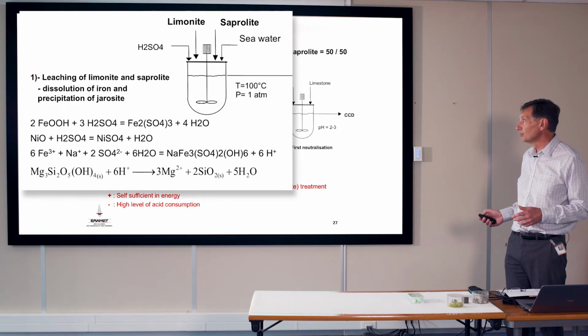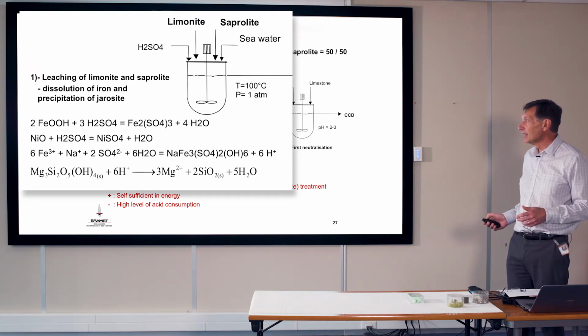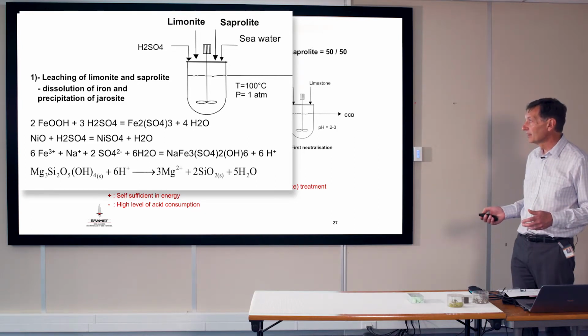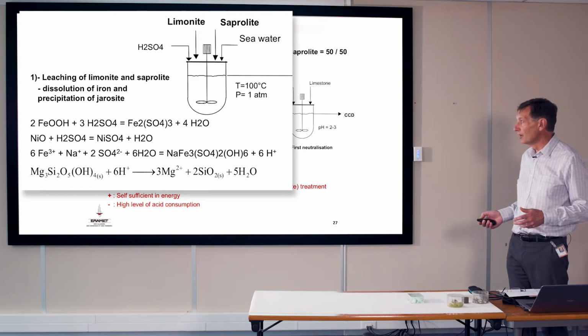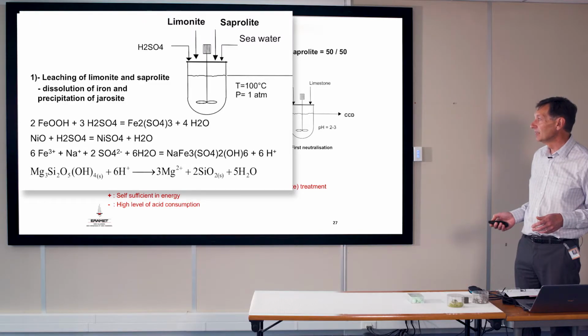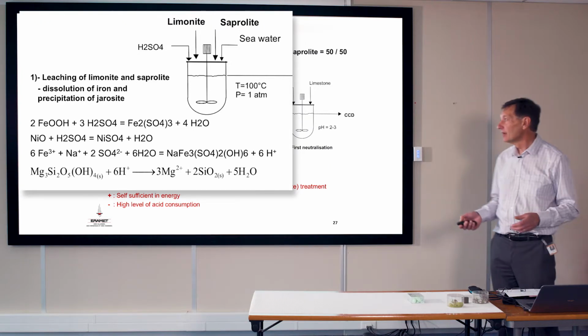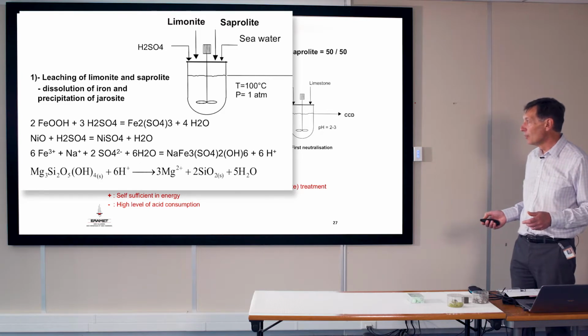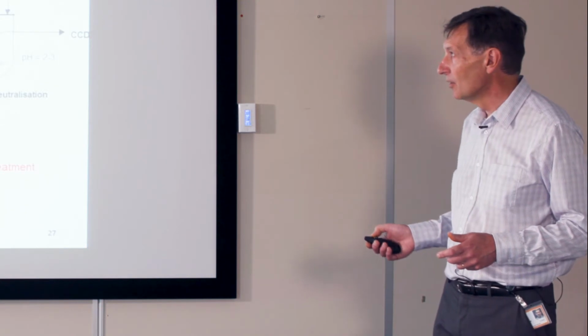You put limonite, you put saprolite, you put seawater, and in the same reactor, during the same time, you dissolve the goethite in iron sulfate, you dissolve the nickel content in the goethite, you dissolve also the magnesium silicate coming from the saprolite, and you dissolve also the nickel content in this magnesium silicate, and in the same time, in the same vessel, due to specific parameters, you reprecipitate the iron as jarosite. And you do that in only one step.